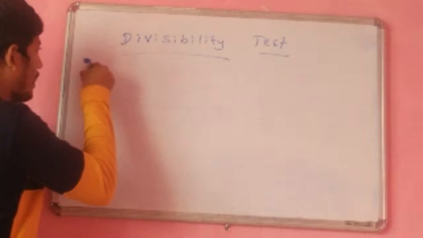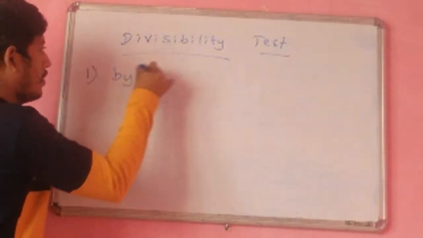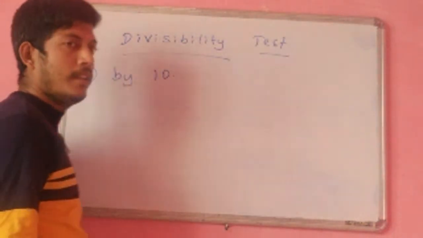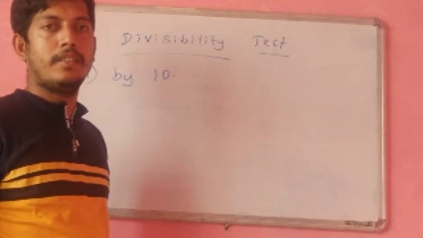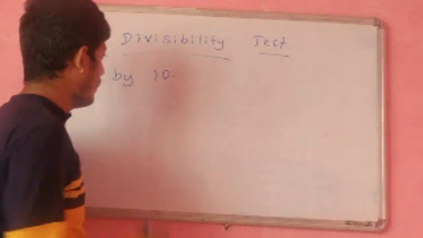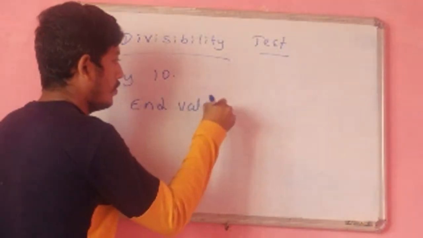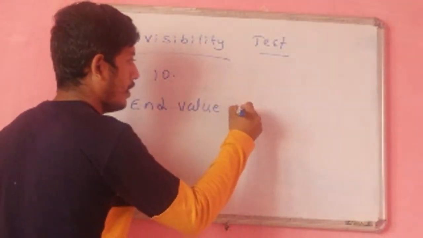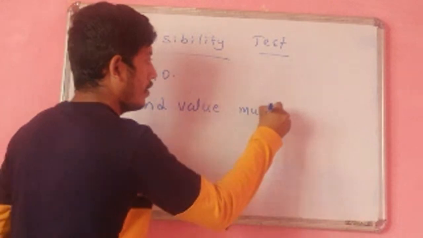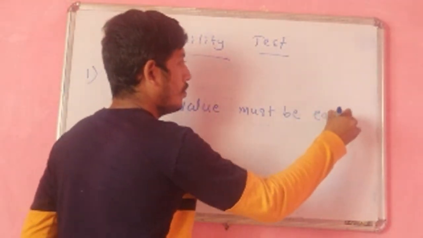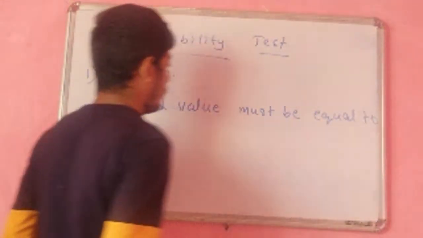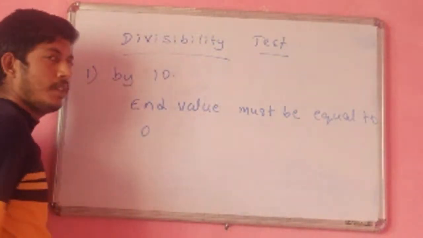First one is by 10. So if a certain number is given, then the end value must be equal to 0.